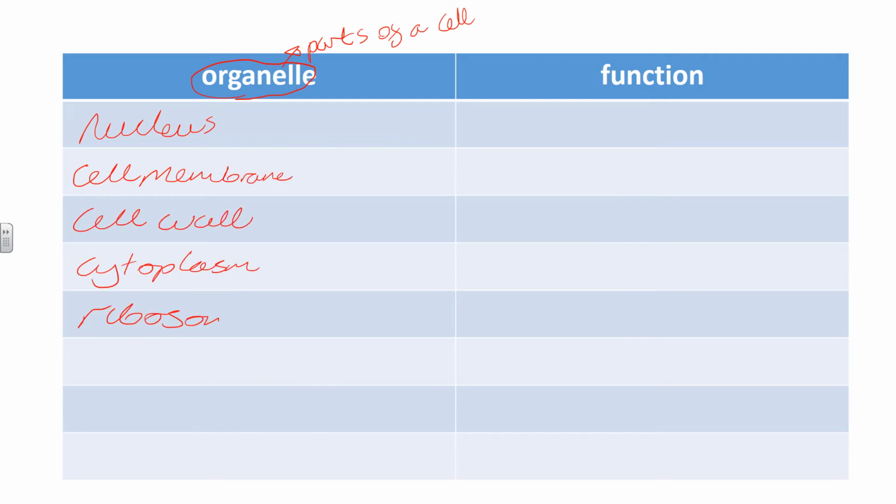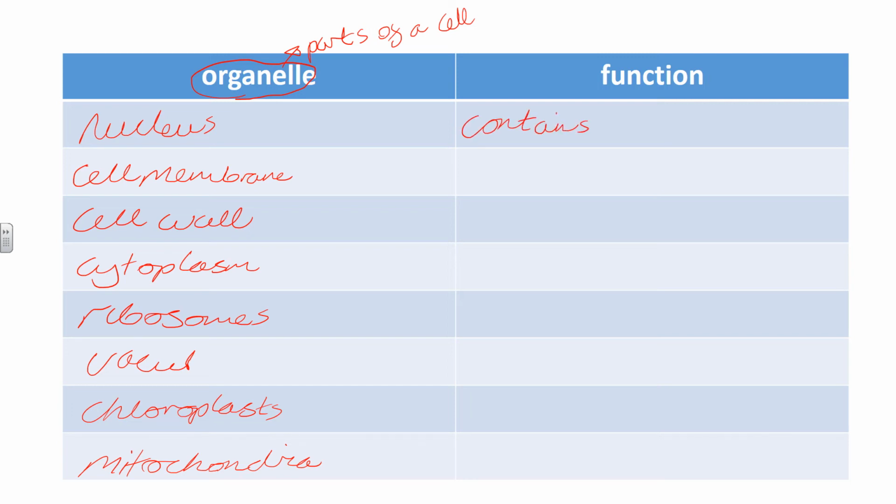So we'll speed this up a bit now. For each organelle, you should be able to write about its function. So for the nucleus, you can say things like it contains the genetic information, it stores the DNA.